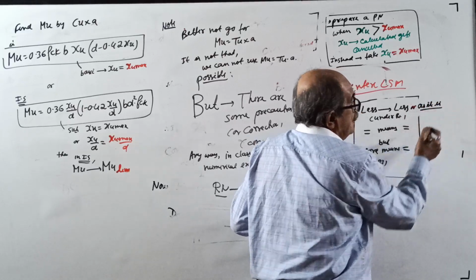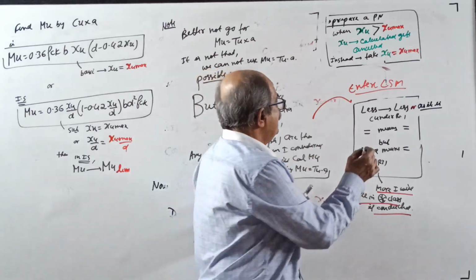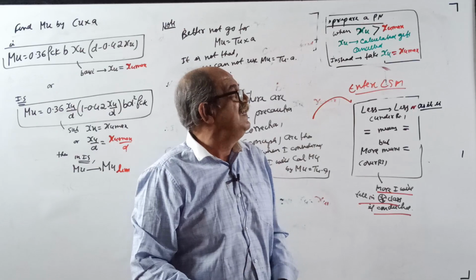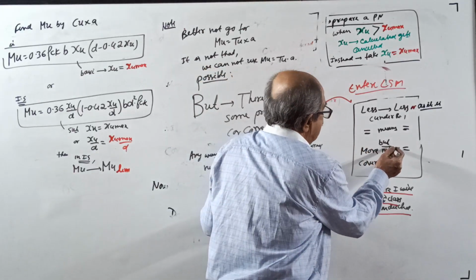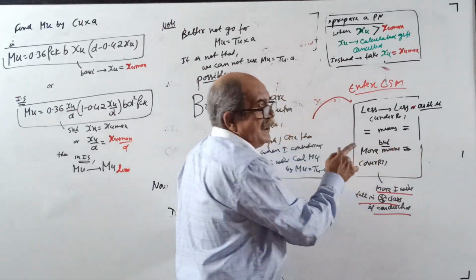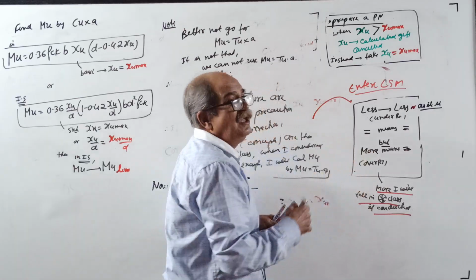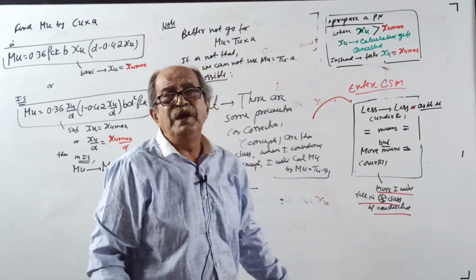Whatever XU you got, use the same XU. Equal means equal. It will never come. But more means not more, equal. So if you get more XU, cancel the more, take equal. Money matter is very ideal there.